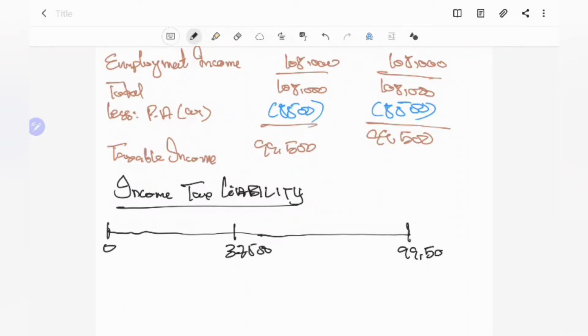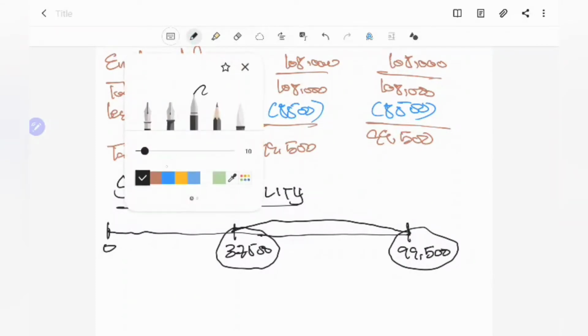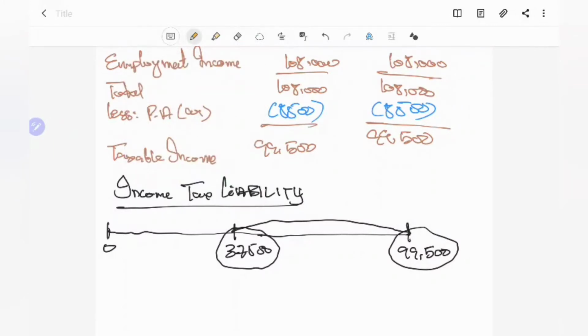Though the band is still 150,000, total income is 99,500. So 0 to 37,500 stops, and then 99,500. What's the difference between these two? The difference is 62,000, right?